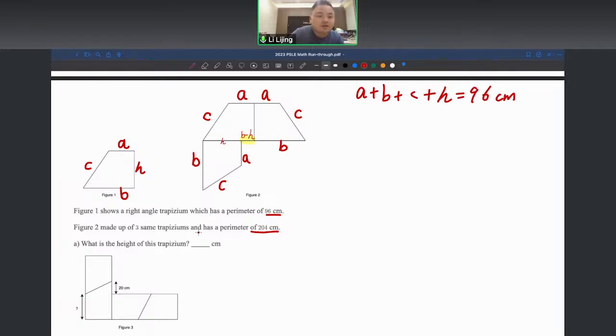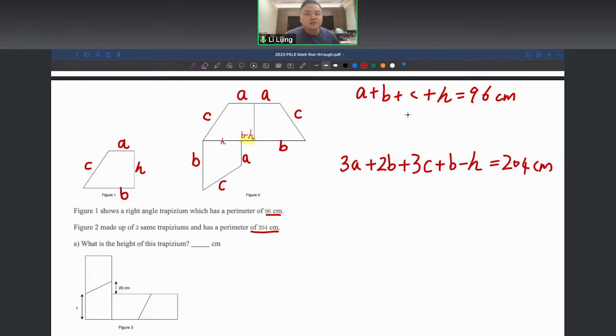For figure 2, you count how many A. I have 1, 2, 3 A. Then how many B? 1, 2, 2 B. And how many C? 1, 2, 3, 3 C. And don't forget, last you have this, you need to plus B minus H, equal to 204 cm.